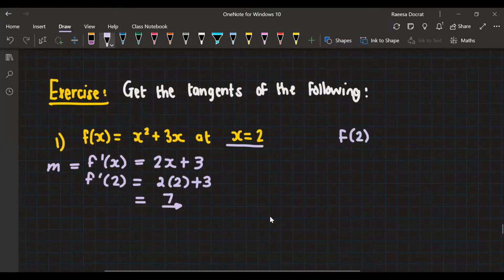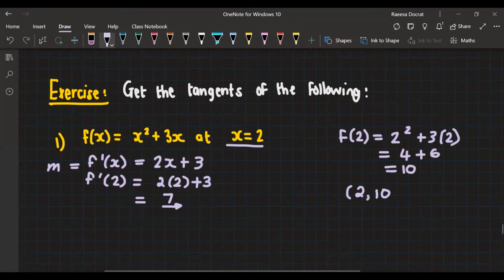To get the corresponding y coordinate, we substitute the x coordinate back into the equation. So that's 2 squared plus 3 times 2, and that is 4 plus 6, so it is 10. So our coordinate that we'll substitute is 2 and 10.